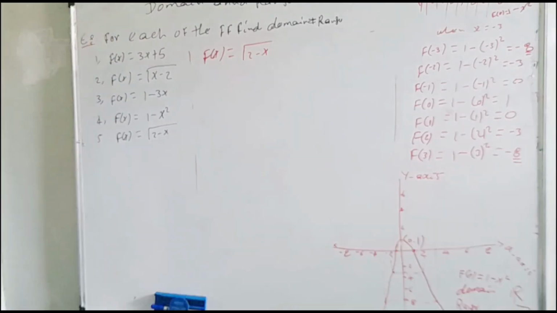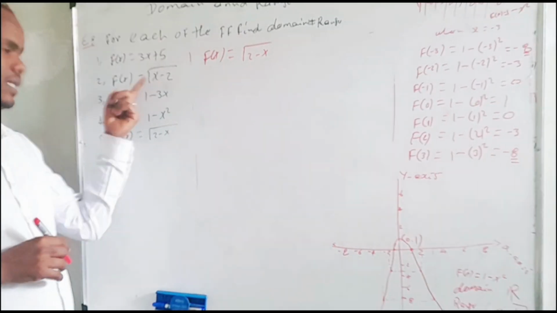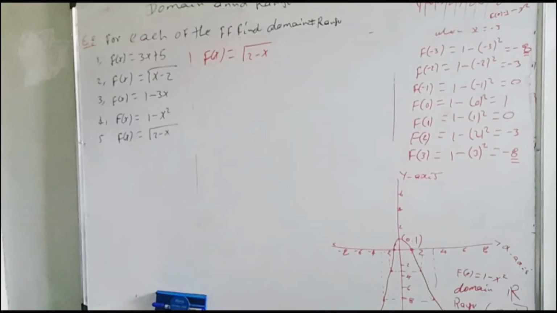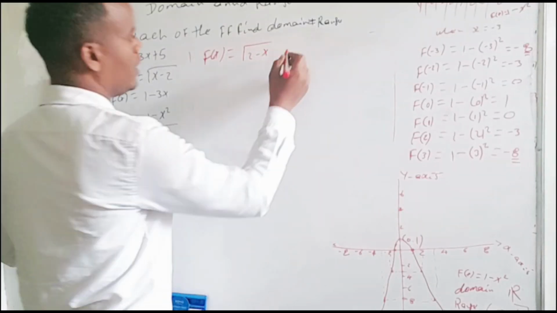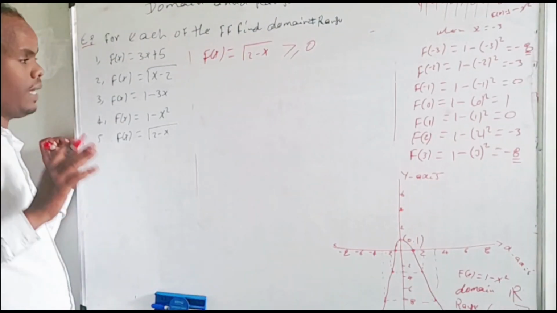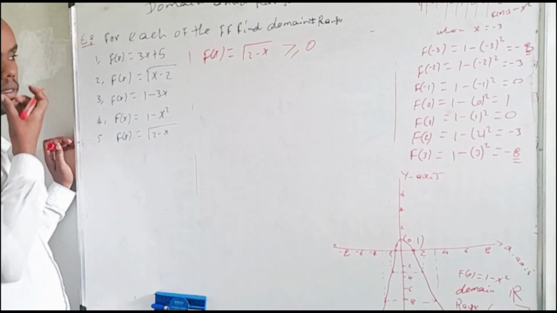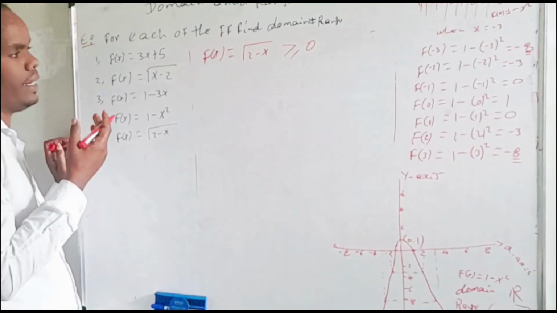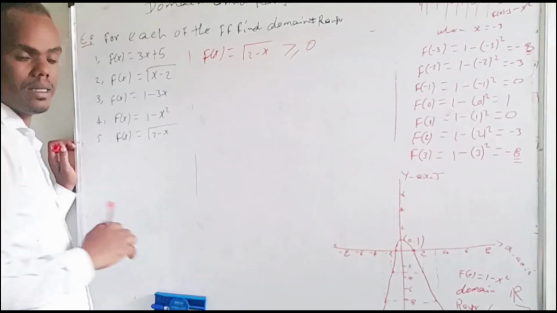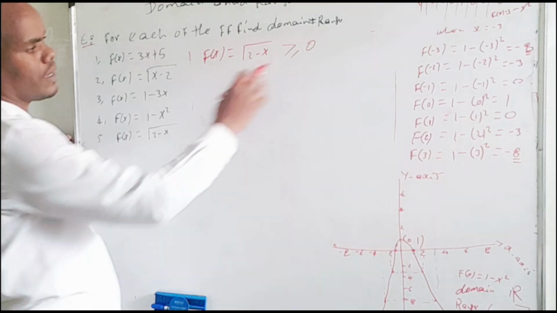Necessarily the radical expression must be greater than or equal to 0, because the expression in the radical must not be negative to give real numbers.